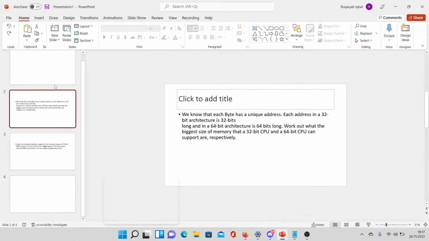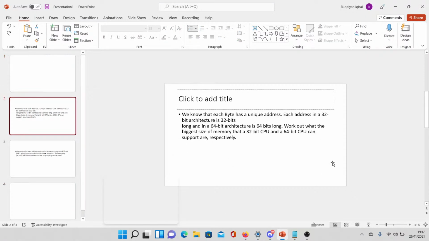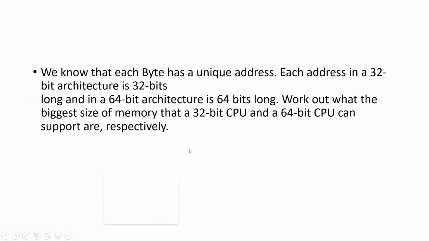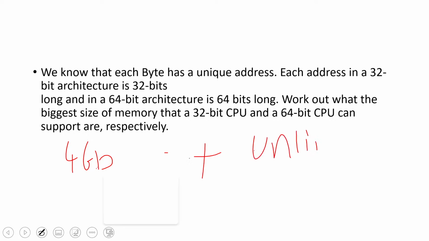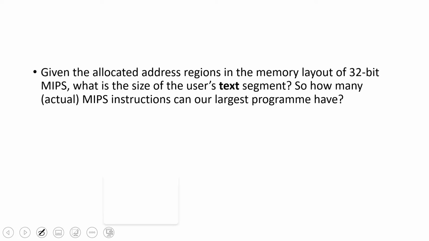So the first question is this one. Essentially, 32-bit is going to be 4 GB, and then the next one is going to be unlimited. That's what I got for this bit. Next bit, this bit here, it's quite smart.